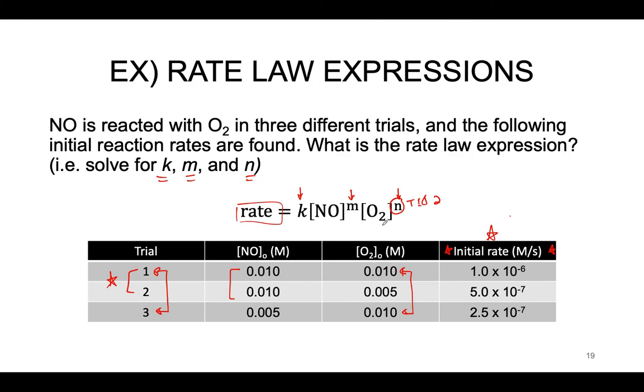Right, so since the oxygen is changing concentrations between trials 1 and 2, this is going to be useful for finding our rate order N. And again, our N represents how dependent the rate is on the concentration of oxygen.